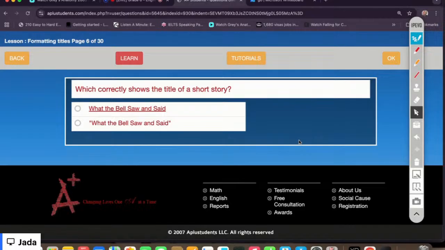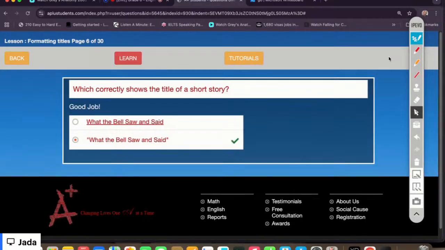Is it the first or second? So for short story, we have it with quotation marks.